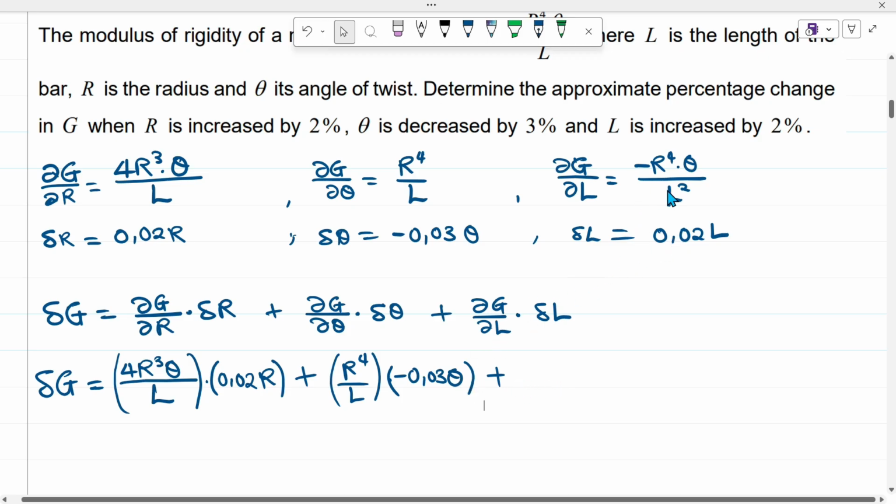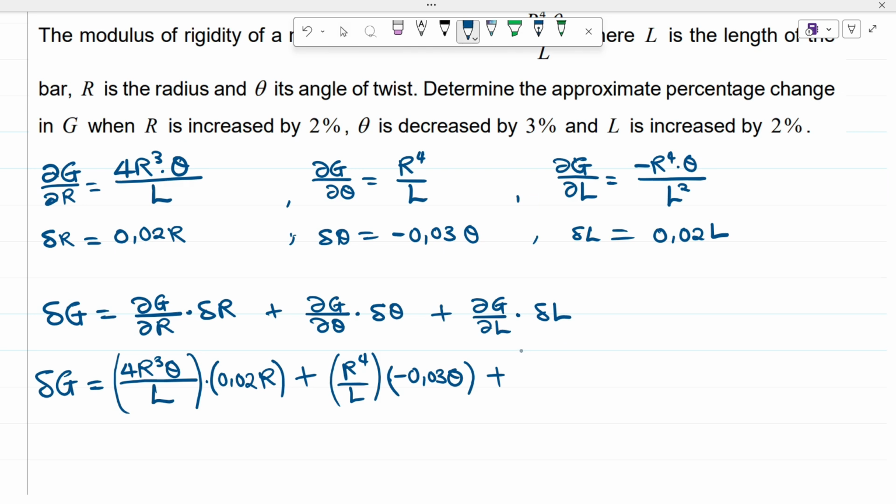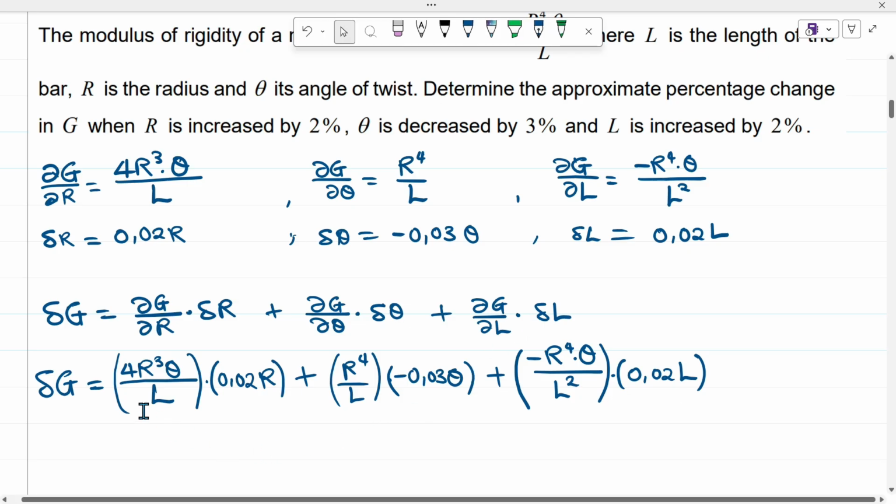Plus this one that we have here, the partial derivative of G with respect to L. So I'm just going to substitute it here, and this is going to give me negative R to the power 4 theta divided by L squared, multiplied by the percentage change, which is 0.02 L, just like that. Now you have this equation.